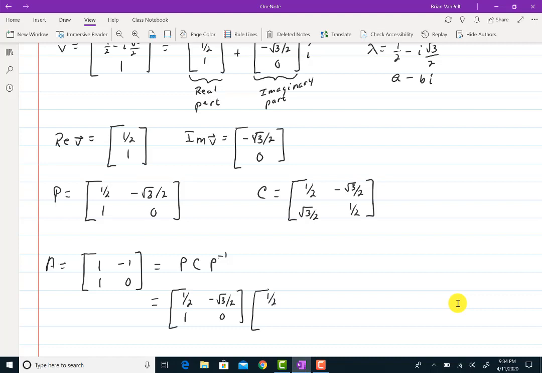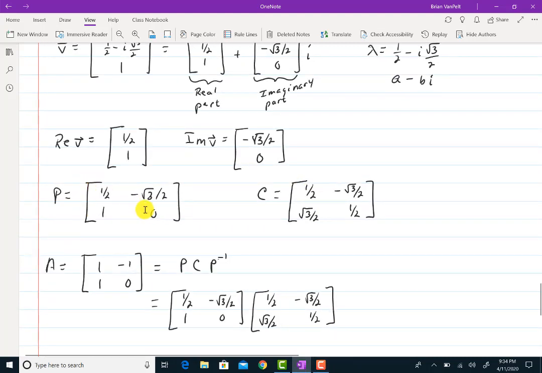Then 1/2, negative radical 3/2, radical 3/2, 1/2, and then P inverse. So for that, first thing, where did P go? There it is. I have to take the determinant. The determinant is positive radical 3/2. So 1 over that is 2 divided by radical 3. So I just turned it upside down.